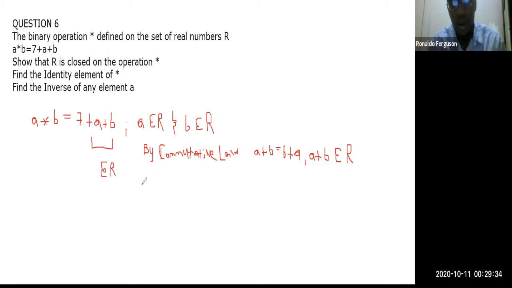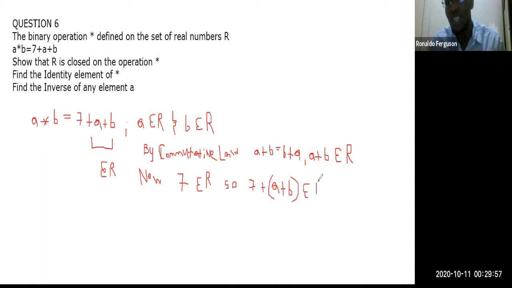Now, 7 is also an element of real numbers. And so 7 plus some real number A plus B is therefore going to be an element of real numbers.